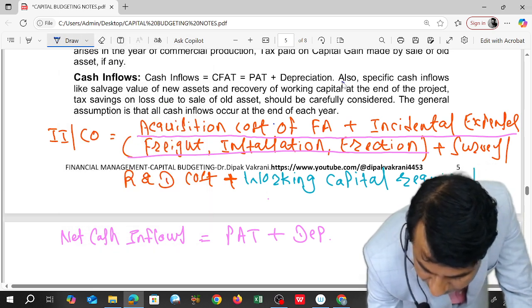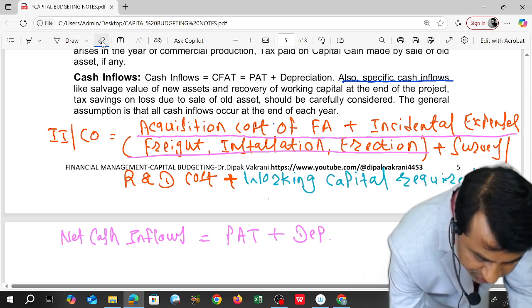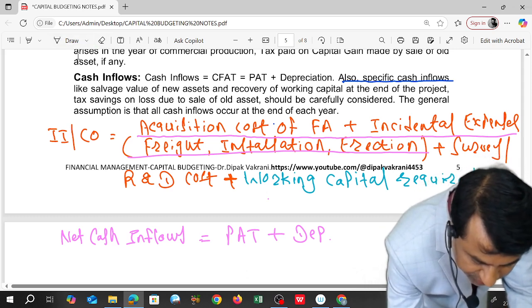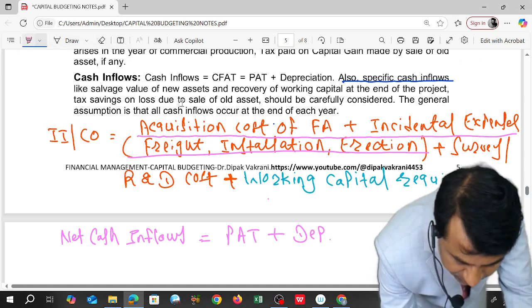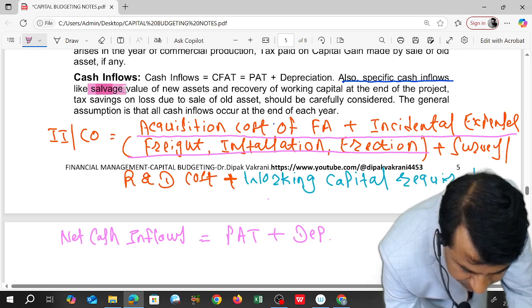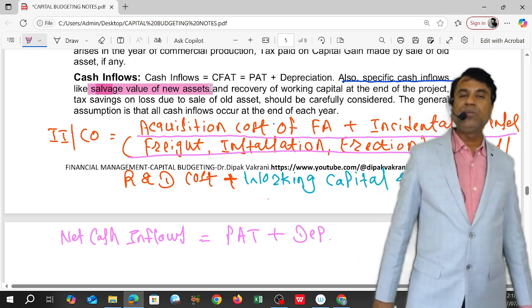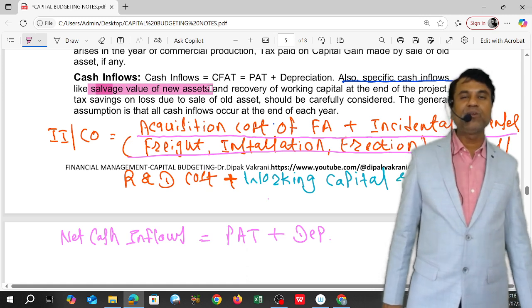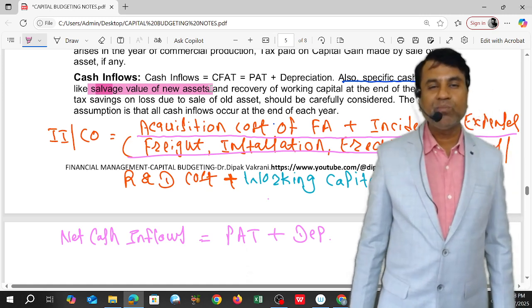The first one is specific cash inflows like salvage value, so it is salvage value of new assets. Salvage value, residual value is also part and parcel of your net cash inflow, but at the end of economic life of the asset.